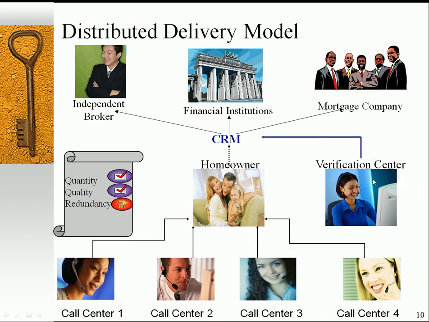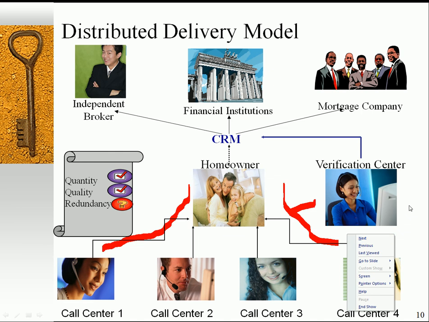Let's move into quality. When you have multiple call centers dialing and putting leads into the system, you want a verification center. So you get a verification center before the call is migrated to anybody else.